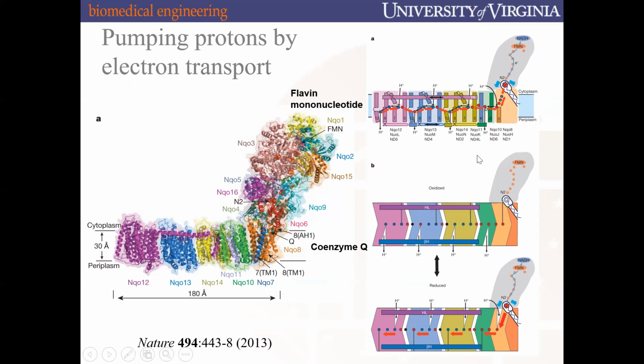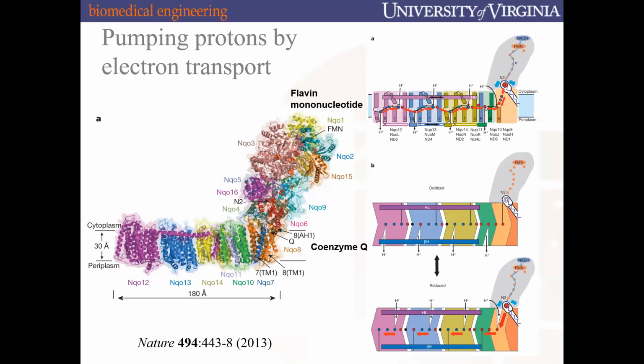And as she was mentioning, how does this work? How do the protons move against the gradient into the intermembrane space? So what's happening is that as these electrons move into these cavities, there are actually pores here.